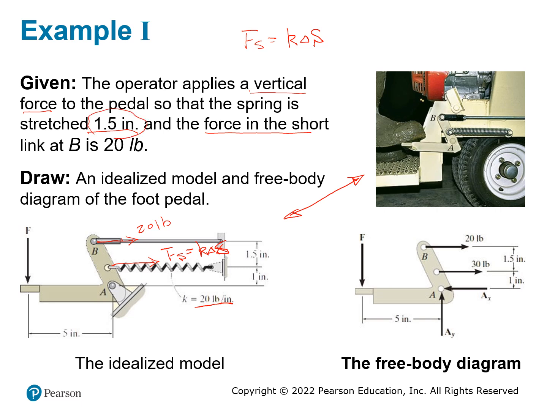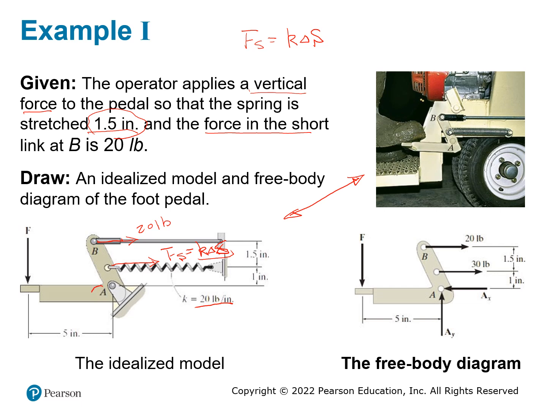So you're going to put 1.5. Does it extend or compress? It actually is compressed, but once you know what direction the force is, you can simply use whatever change that you find here and just follow the direction of your F of S.